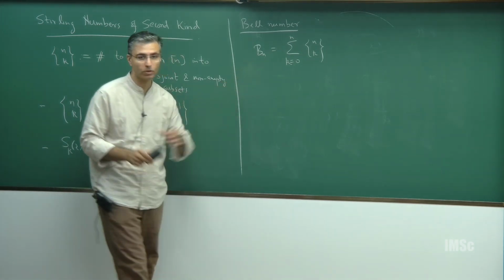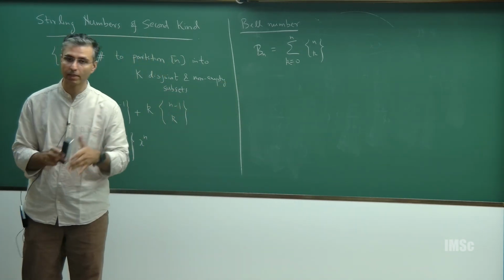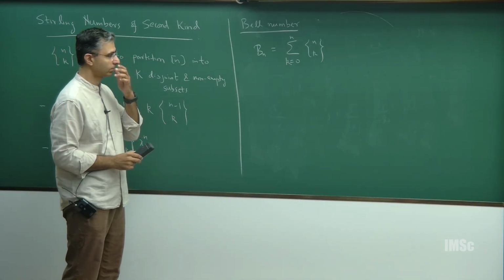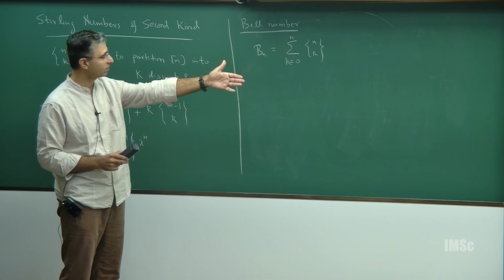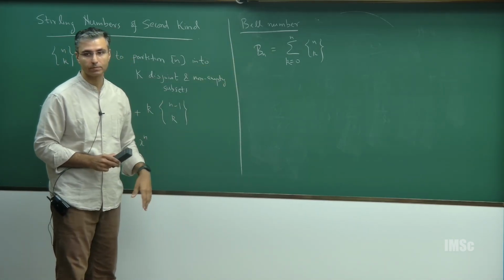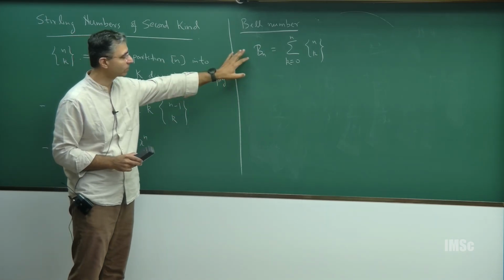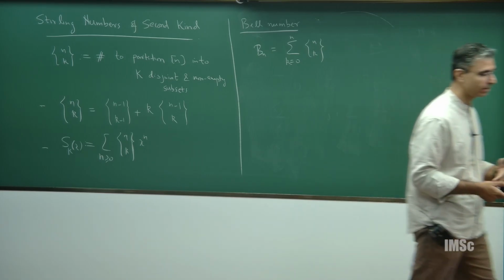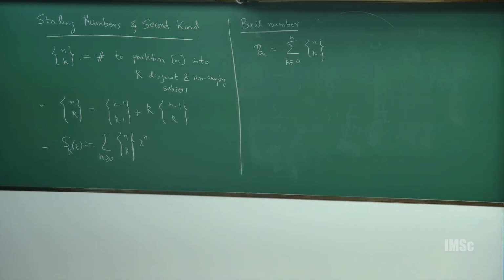Right. So, the total possible ways of partitioning n into non-empty sets. Right. Now, can we use that formula to find something about this number, get a closed form expression for this number, and then reverse engineer it to get a generating function and a recurrence for this number. Okay.